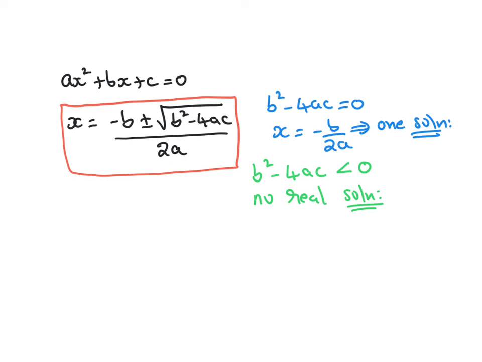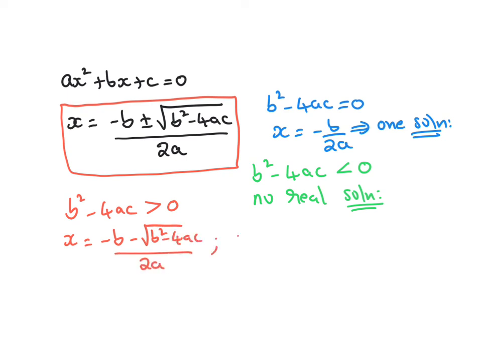What happens when b squared minus 4ac is greater than 0? Then the square root will have some value, some real number. So x will be either minus b minus the square root of b squared minus 4ac over 2a, or x will be minus b plus the square root of b squared minus 4ac over 2a.